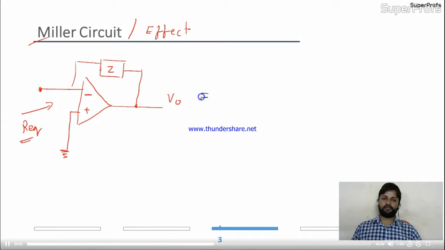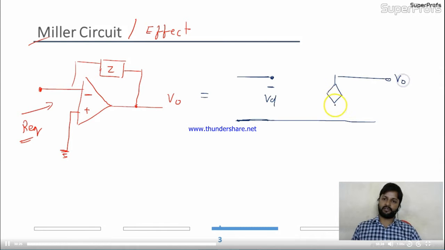So if I draw the equivalent circuit of this op-amp, the equivalent circuit of op-amp we have seen earlier, here this is minus VD, the difference between the positive and negative terminal. Okay, and this is grounded. Actually the positive is grounded. This is the output stage. Here I am taking V0, and V0 is a voltage source only, and the source is multiplying with the difference VD. The output is V0 equal to AD into VD.